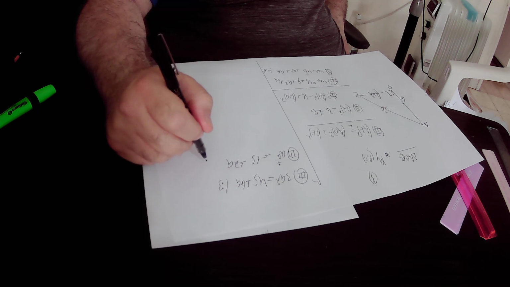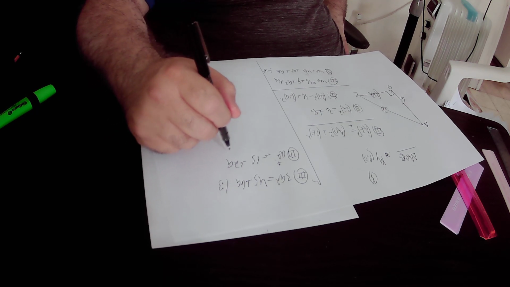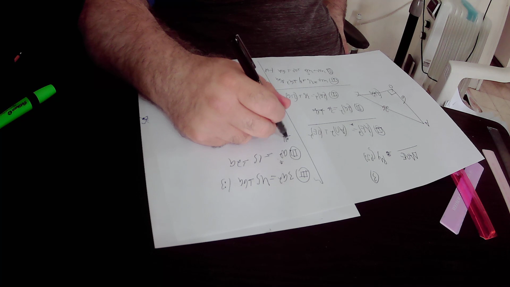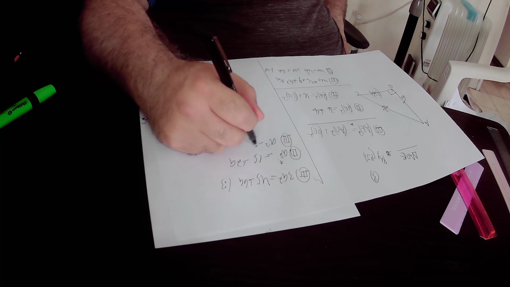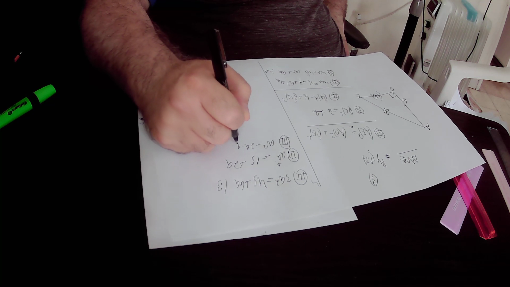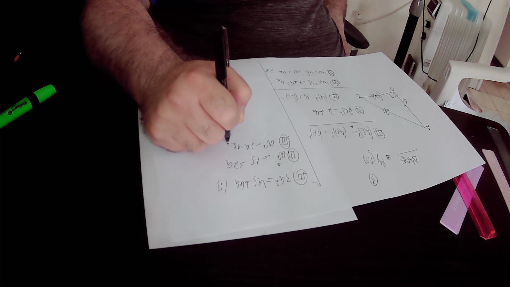So here we subtract 15 and also 2A from this equation, and we get A squared minus 2A minus 15 equals 0.